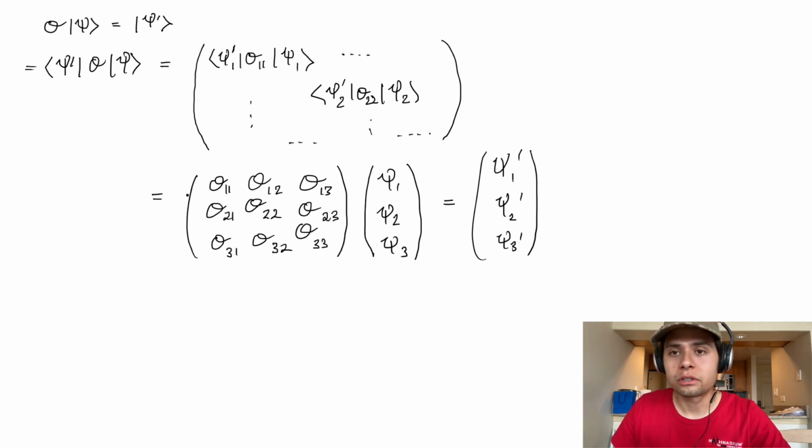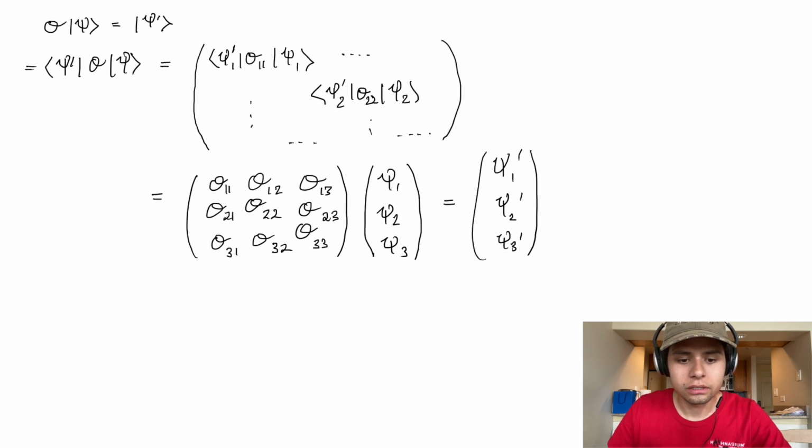Now there's a couple of properties we can understand about this matrix, depending on how it does this translation. We might be able to discern what type of operator this would be.